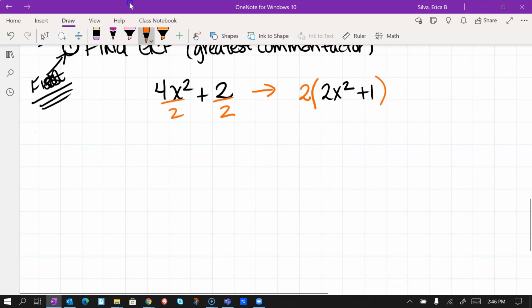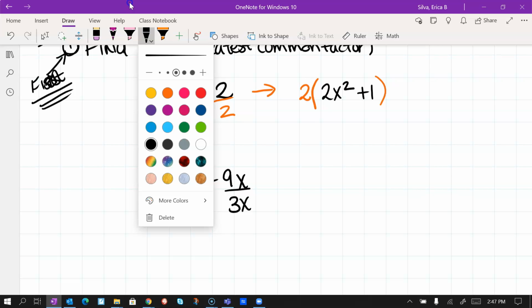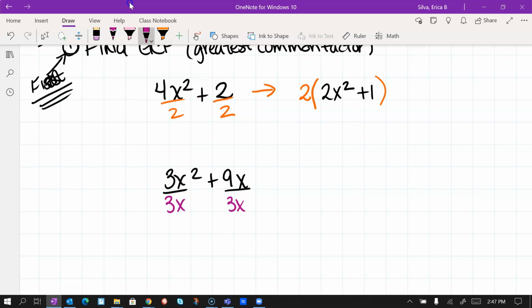Question so far? All right, let's do them with an x. Let's say we have 3x squared plus 9x. So 3x squared plus 9x. We can divide by 3. What else can we divide each one by? What do they both have? They both have an x. So we can also divide by an x. Let me put it in, so divide by 3x, divide by 3x.